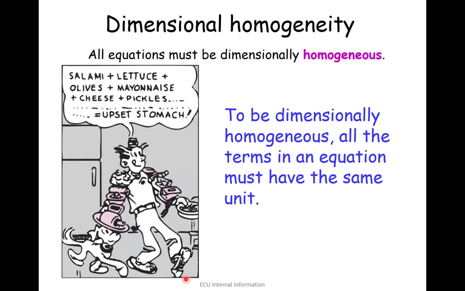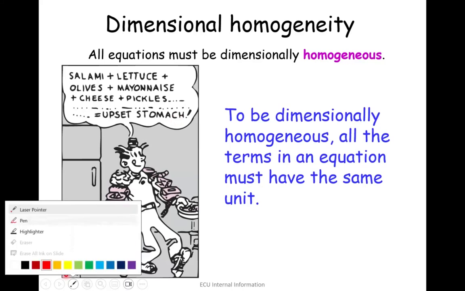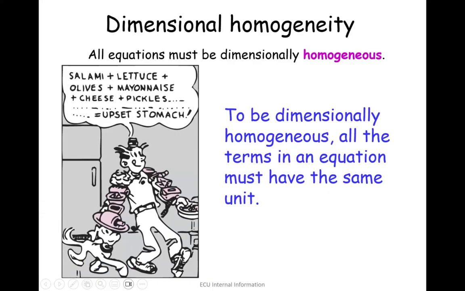In fluid mechanics and other engineering problems, all equations must be dimensionally homogeneous. This is an interesting thing to look at: if you mix up, for example, salami with lettuce, olives, and other things, then obviously you upset your stomach. So in a system of units or for any equation, we need to be careful that the dimensions are homogeneous.